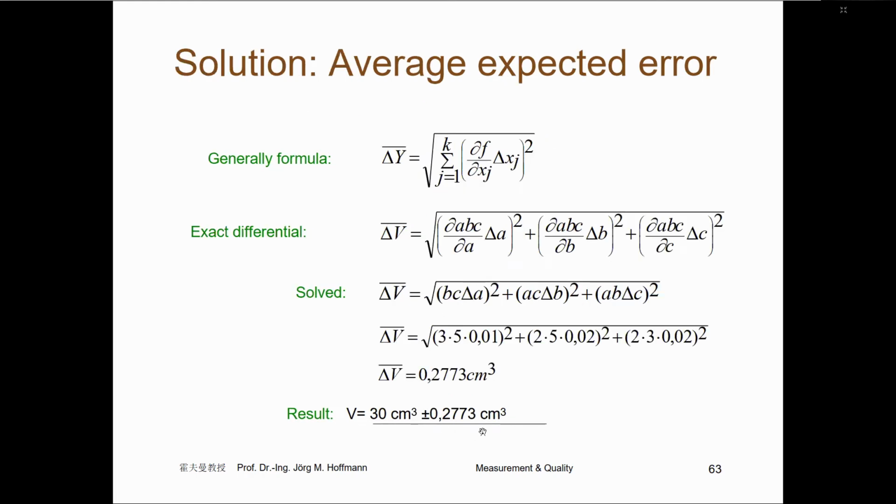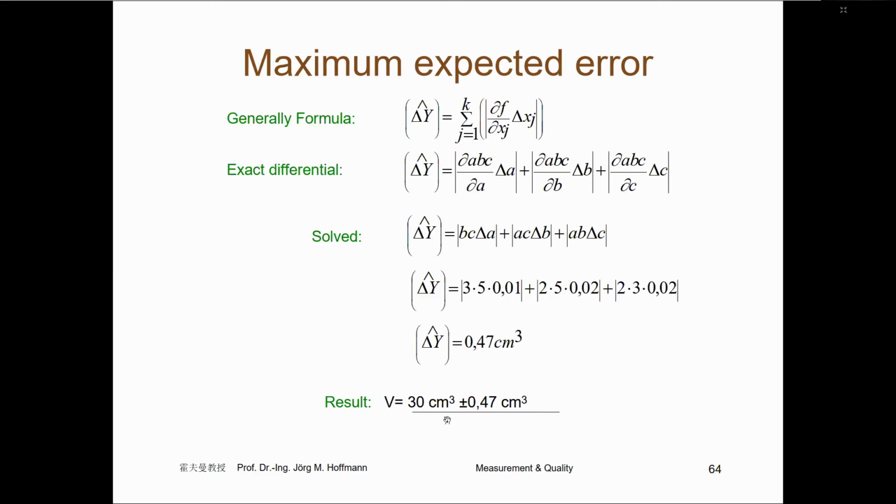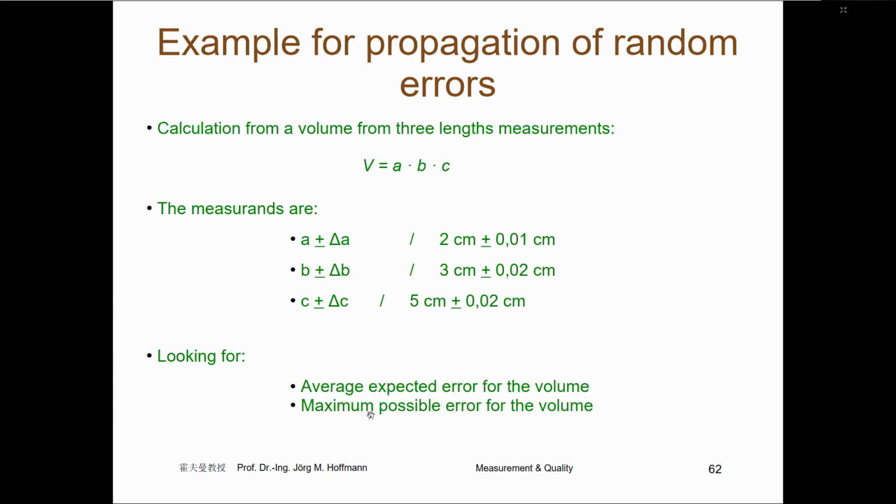The maximum expected error, of course, has to be bigger than the average expected error. You see here the average expected error and here the maximum expected error. For the maximum expected error, you have calculated the case that all 3 values at the same time have the biggest or the smallest value. That is the maximum expected error.